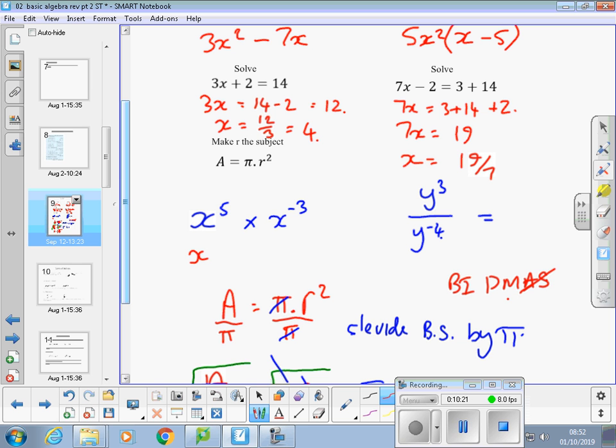So it's x to the power of 5 plus minus 3. 5 plus minus 3 is 2, so it's x to the 2.